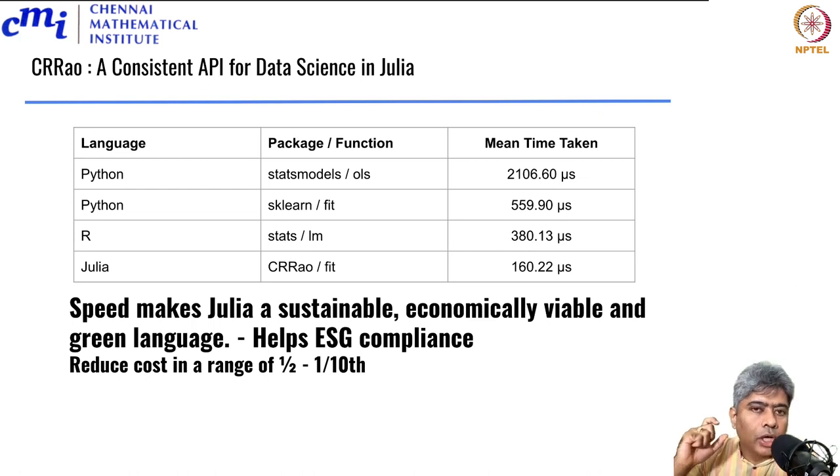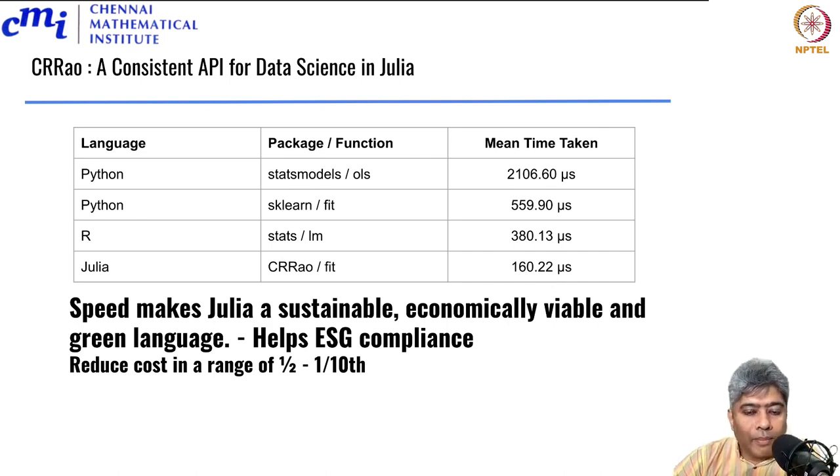Now imagine you have a service that for each microsecond charges $1, right? So for the exact same model, when I'm trying to fit in Python, it will cost me $560, whereas in R it will cost me $380, whereas in Julia CRRao it will cost you only $160.